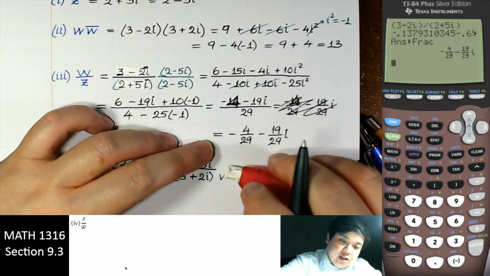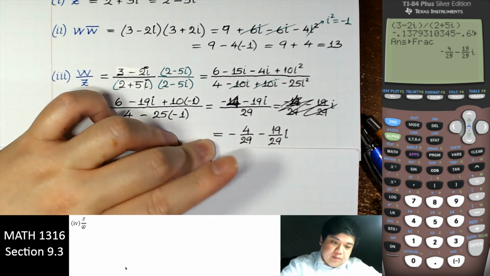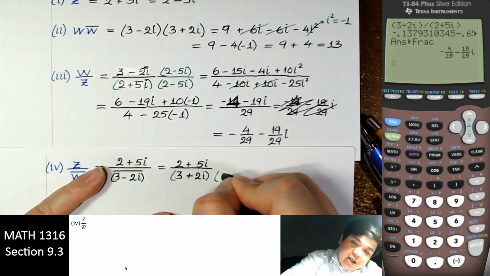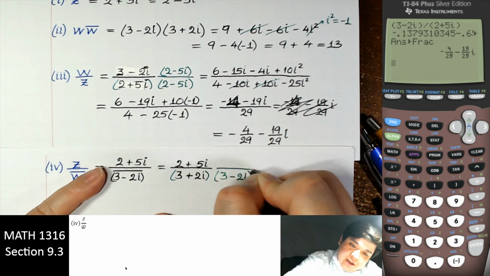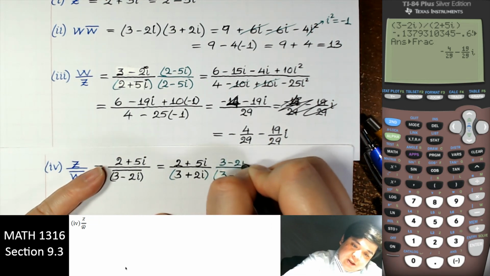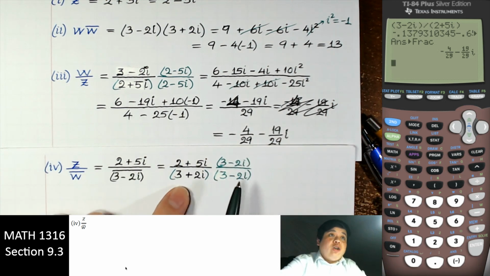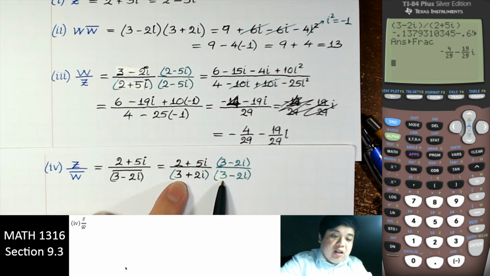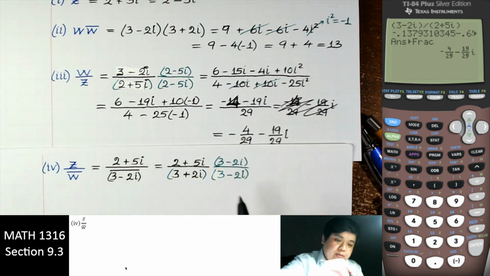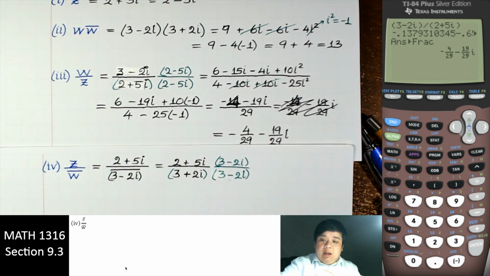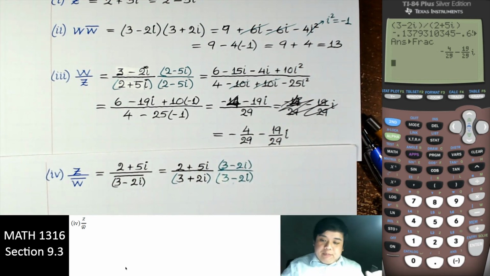We just multiply top and bottom, which is just fine. But the conjugate of this denominator: we have 3 plus 2i, so the imaginary part turns to the opposite, 3 minus 2i. The real parts must be the same.